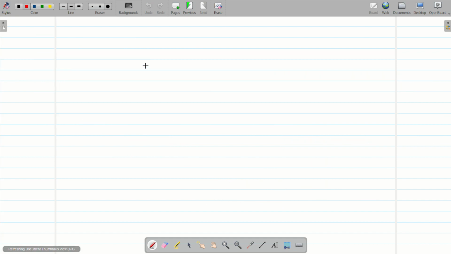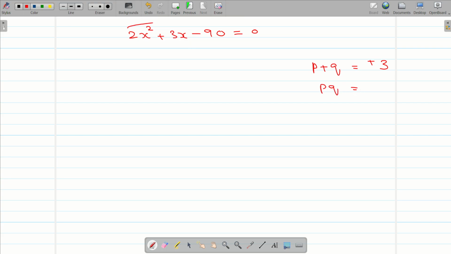2x squared plus 3x minus 90 is equal to 0. We have to find out two numbers p and q so that their sum is equal to plus 3, the middle term, and the very same numbers when we multiply will give you 2 multiplied by minus 90, that is equal to minus 180.